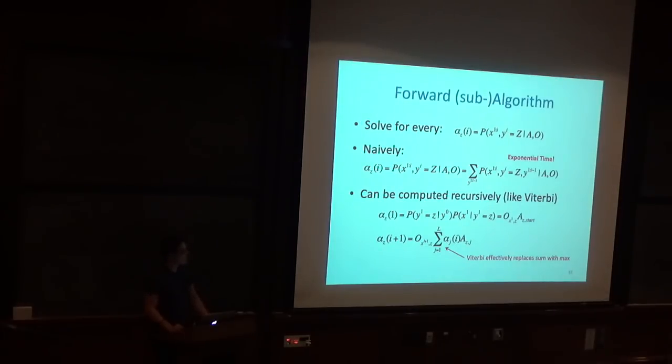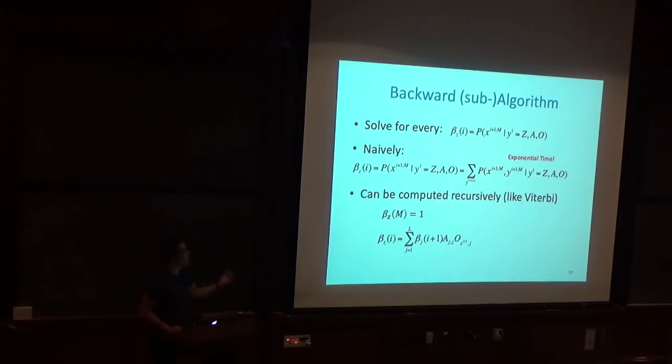One thing to note is that the Viterbi algorithm is very similar. The main difference is that the Viterbi algorithm replaces this sum with a max, with an argmax. Whereas the forward algorithm just does the sum, so it's computing the full marginal solution. The backwards algorithm looks very similar, but it's run backwards.